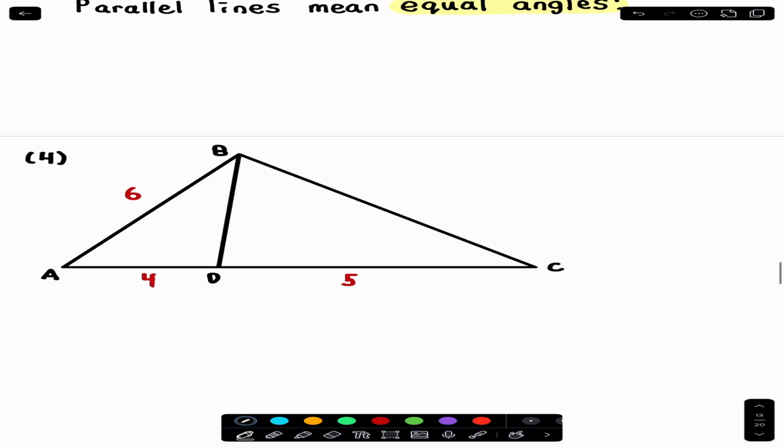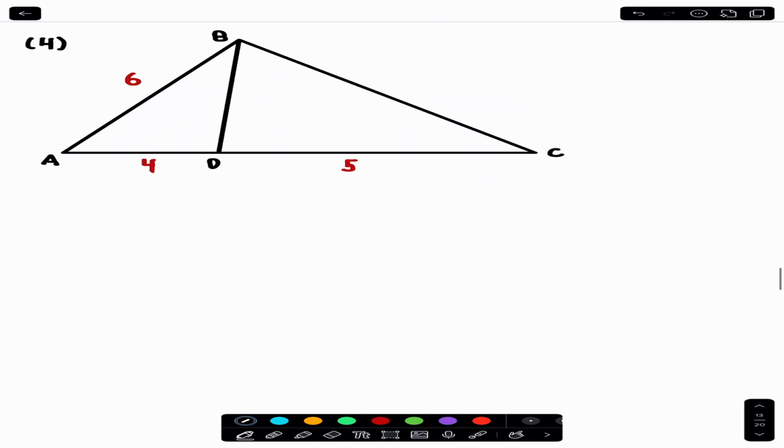Question number 4. I would say this one is probably the trickiest of the bunch. Give you a minute to think about this one. This one is tricky. I don't blame you if you're confused right now. So question 4.